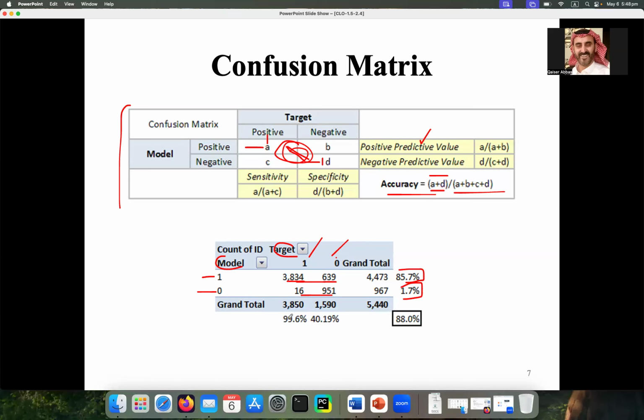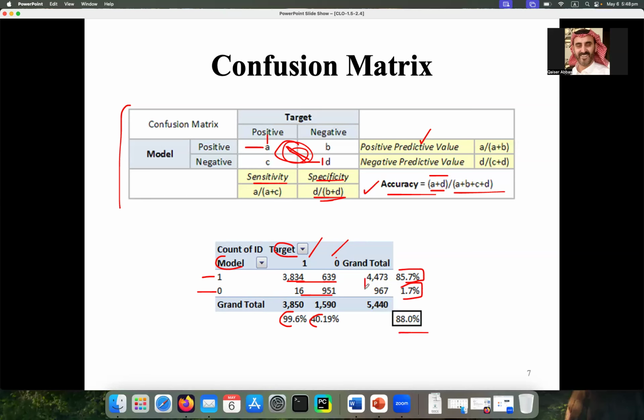And similarly, you are seeing this value, which is for the sensitivity or the recall. And then similarly, you are seeing this value, 40 by 90, which is the specificity. We calculated this value using this equation. And you can also calculate it using those equations which are written above. Now, this is accuracy using this equation.